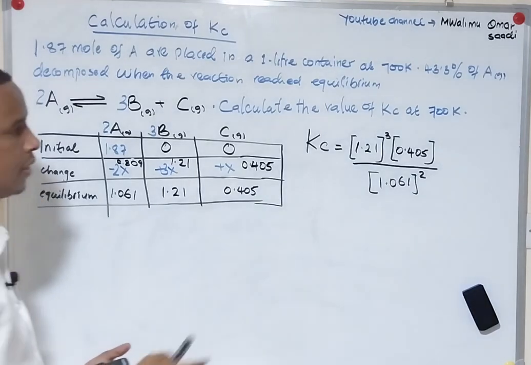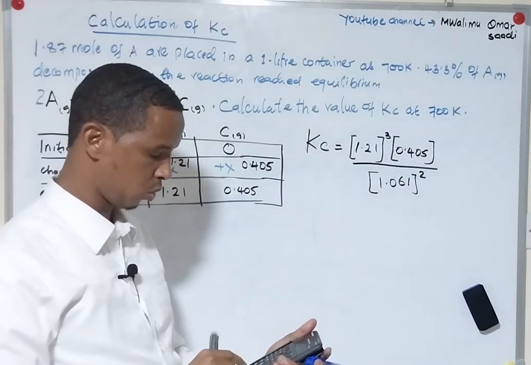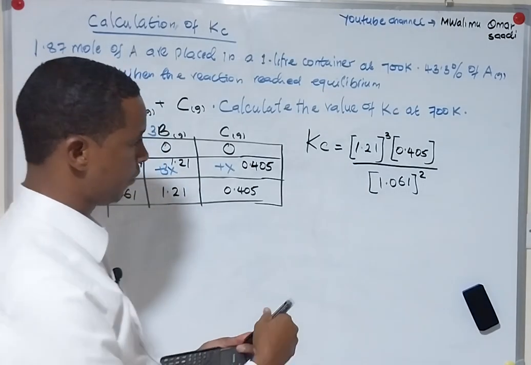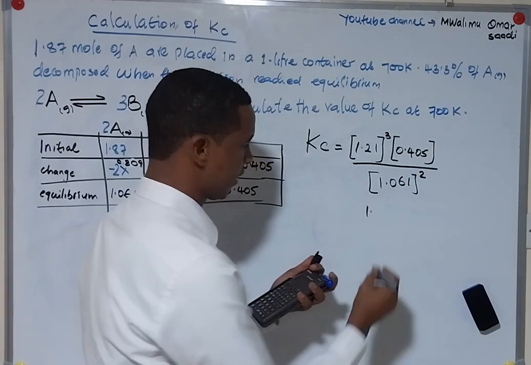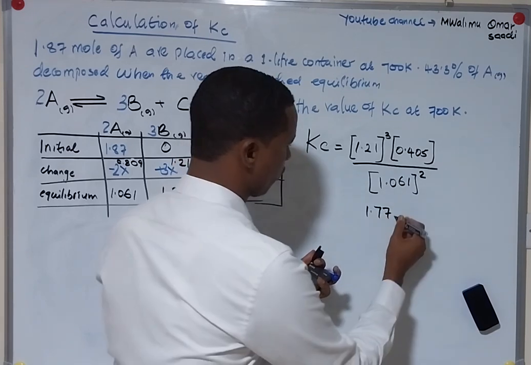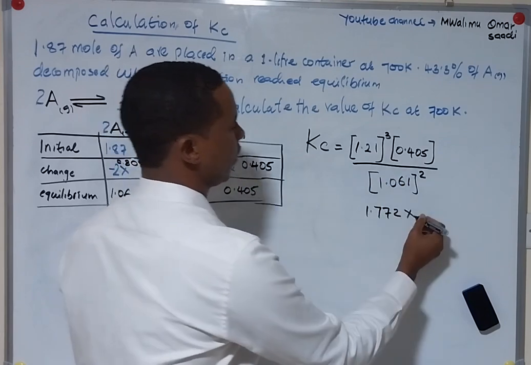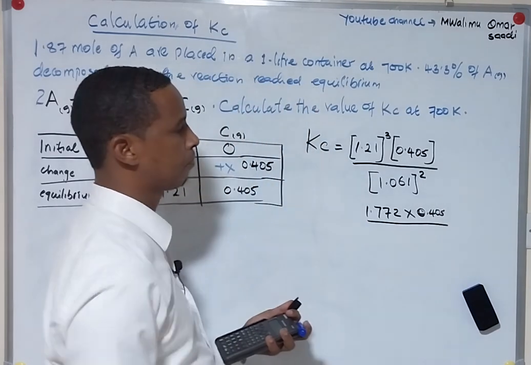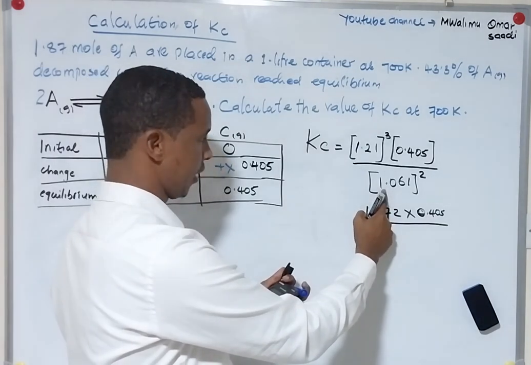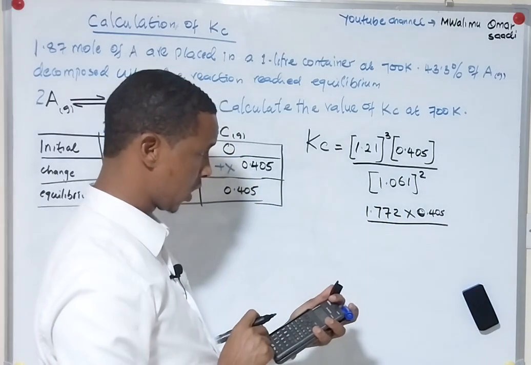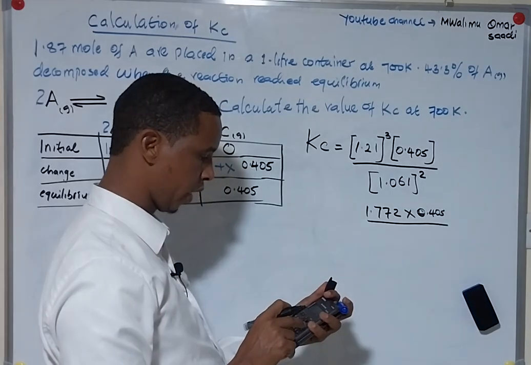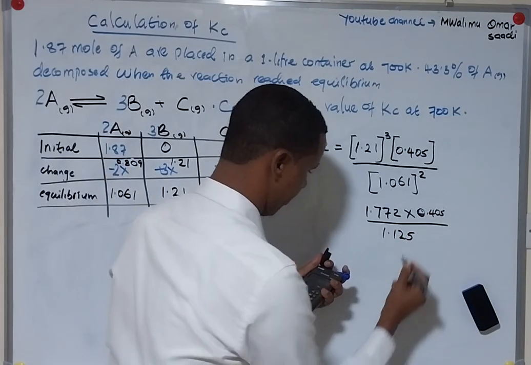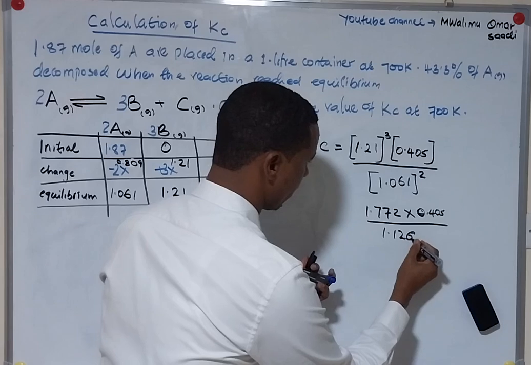So let's calculate that. 1.21 cubed is equal to 1.772, times 0.405, all over 1.061 squared. 1.061 squared is equal to 1.126, rounded off.